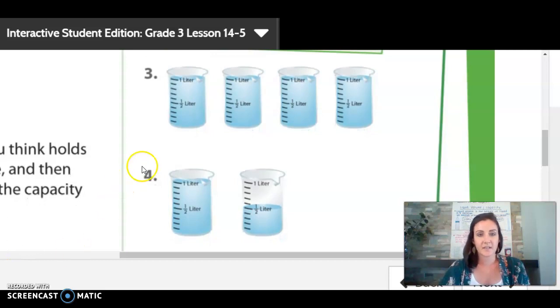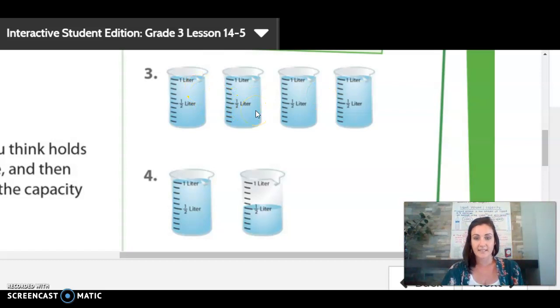All right, so let's take a look at these. So here in number 3, remember we're looking for the total capacity. Each of these are filled to 1 liter. So if we were to add these up to find the total capacity, we would have 1 liter plus 1 liter plus 1 liter plus 1 liter. So 1 plus 1 plus 1 plus 1 equals your 4 liters.